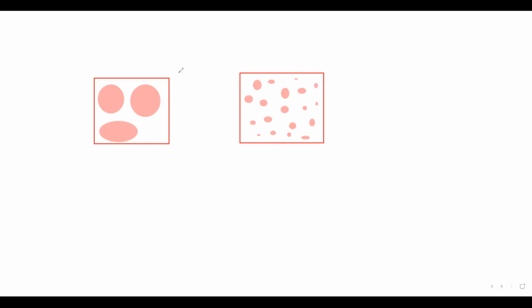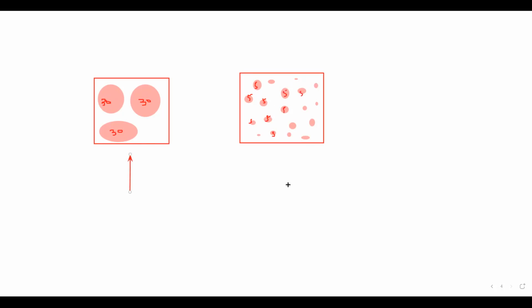So for example, we have two different materials. Here the particle mass is 30. And the other one, the particle mass is only 5. And we are supplying the heat energy.